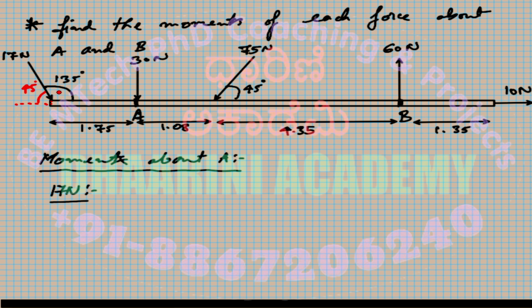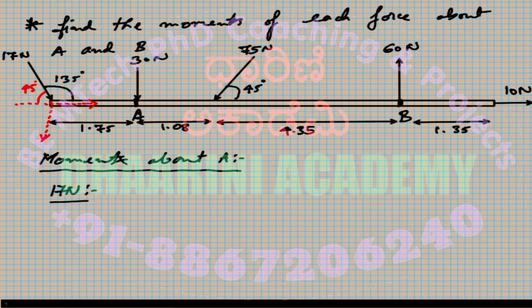I have to resolve this into two components. One component acts vertically downwards and one component is horizontal, right? The 17 Newton has to be split into these two.